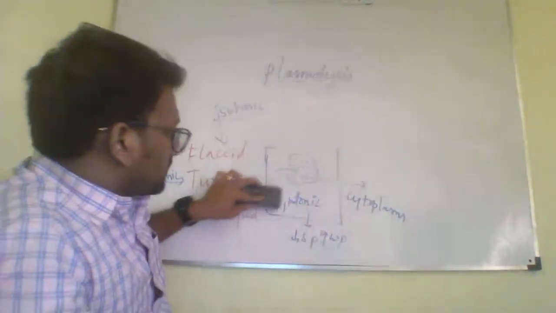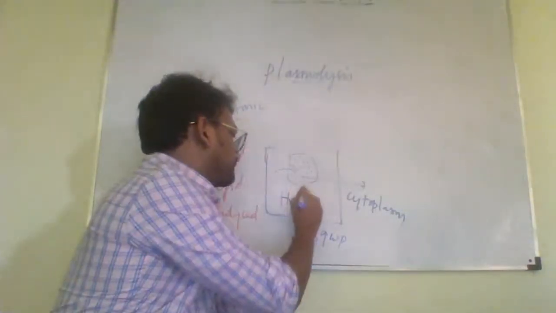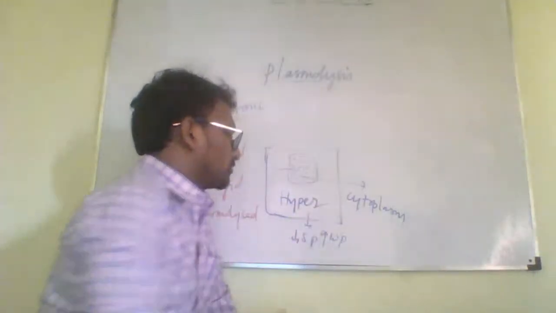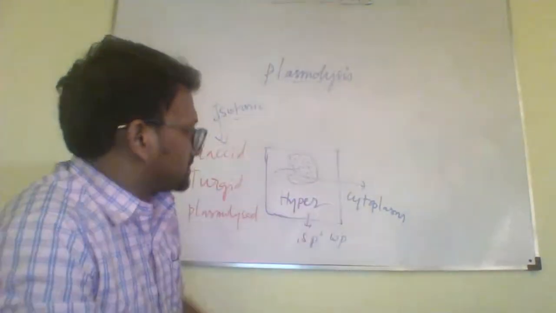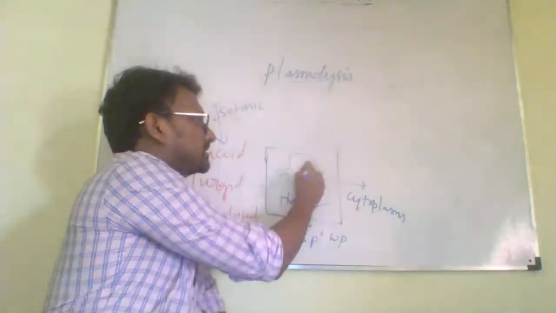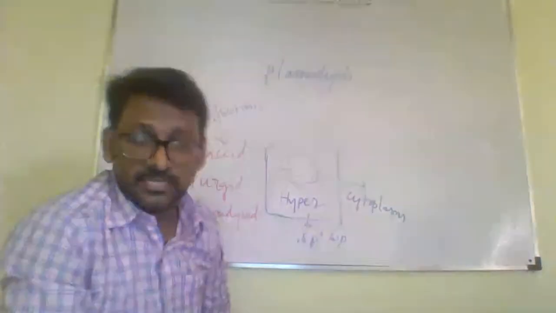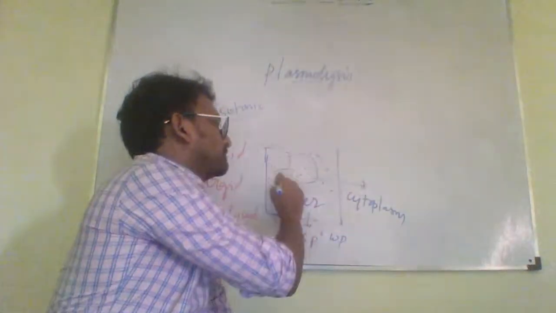And the last one is the hypertonic solution. In hypertonic solution, what happens? The number of solute particles present inside the cell cytoplasm would be less, and outside would be more.